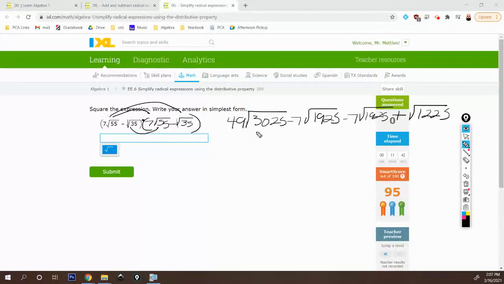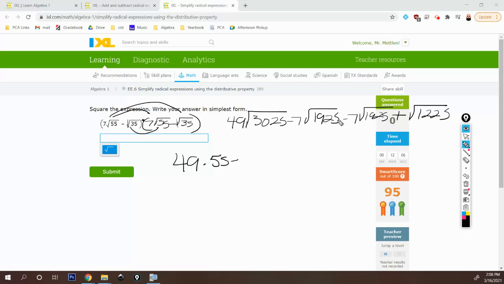Okay, so believe it or not, this 49, you can actually square root 3,025. If you do, I get 55. And I didn't write 55 because I am crazy. 55.